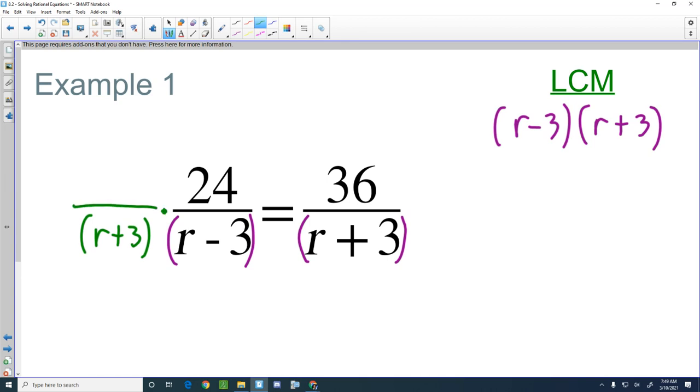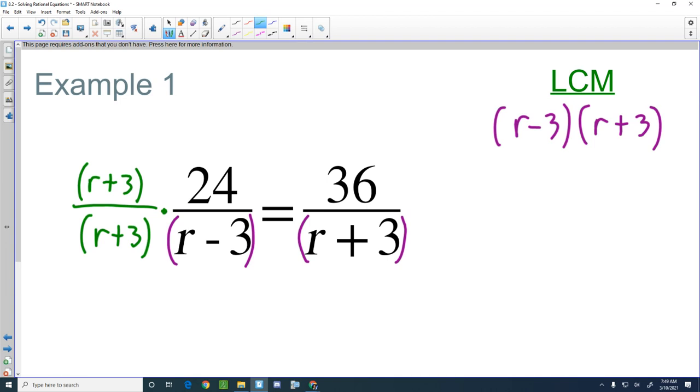And since we're multiplying these fractions together, whatever we multiply the denominator by, we must multiply the numerator by that same amount of r plus 3. Because that's equal to 1, we're allowed to multiply by 1.